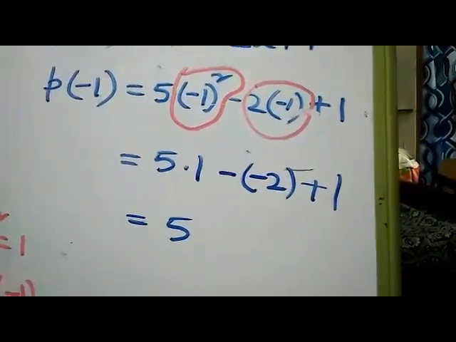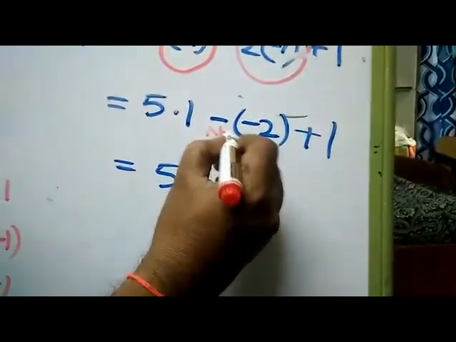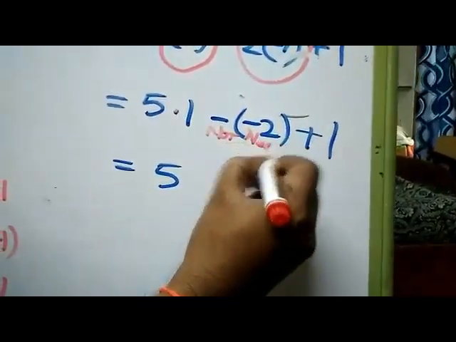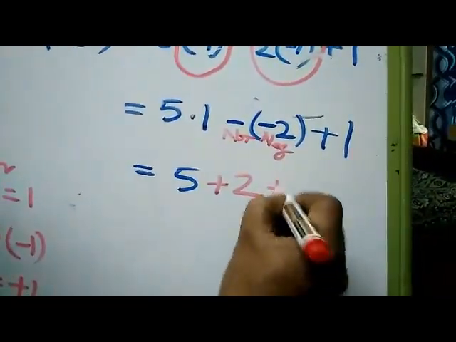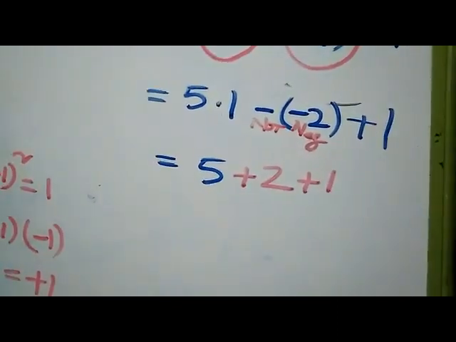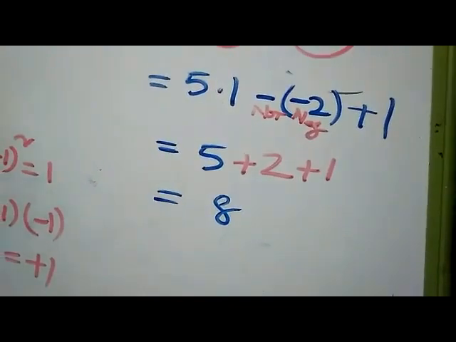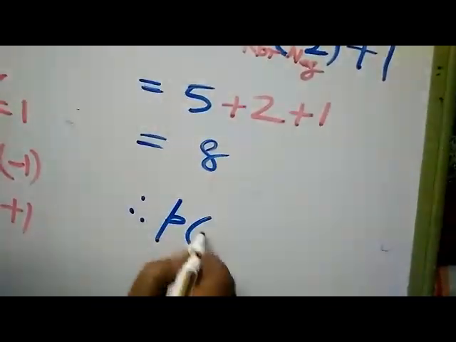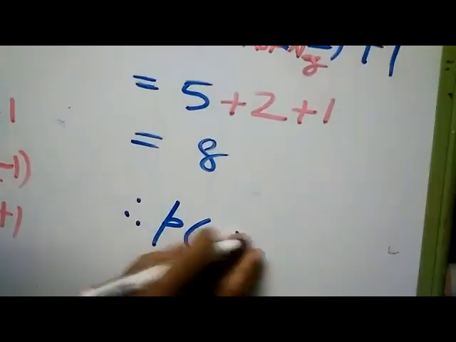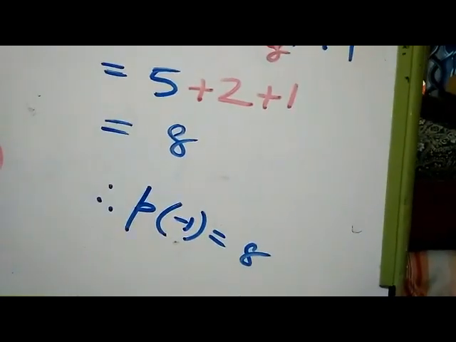Here already you know, not negative is positive. Otherwise, minus into minus plus, you can use that also if you wish. 5 plus 2 plus 1 is equal to 7 plus 1, 8. That is the answer. Therefore, P of minus 1 is equal to 8.